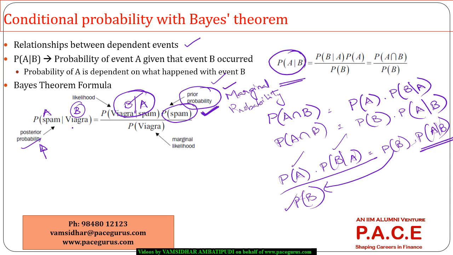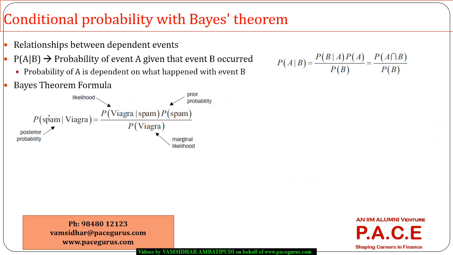So if I have to say for this example, what is the probability that a particular mail is a spam given that it contains the word Viagra in it? So first of all, I am taking what is the probability that a particular mail will be a spam, irrespective of whether there is the word Viagra in it or not, or any other word.